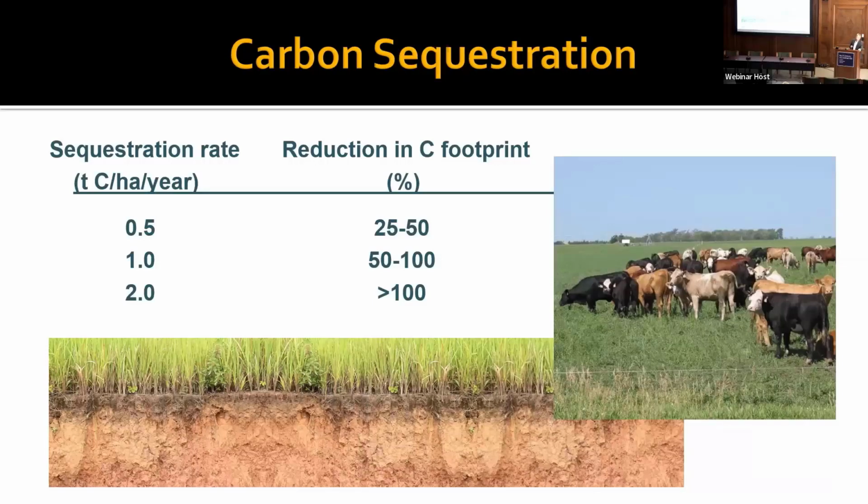But you can see if we can sequester as much as 1 ton of carbon per hectare per year, we can get pretty close to offsetting the amount of greenhouse gas that is being emitted by the full cattle production system. How can we do that, how can we quantify that, and particularly how can we do that long term? I mean, we might be able to change our production systems and get that for a couple of years, but can we get it for the next 100 years? That's a big question.